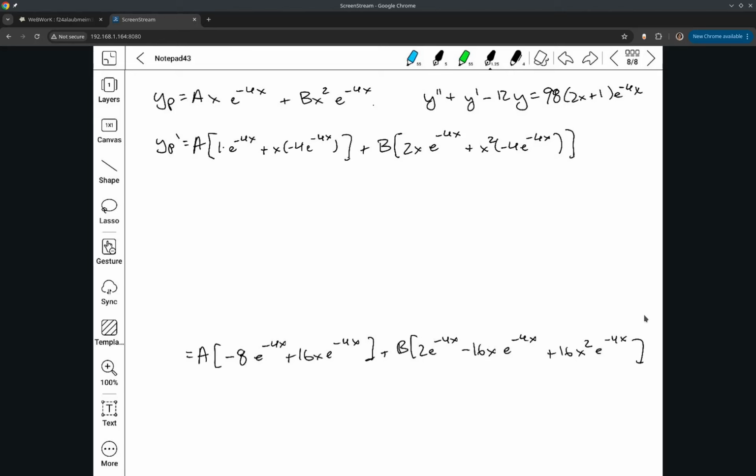I know that eventually I'm going to have to group all my like terms in x squared, and just regular e.